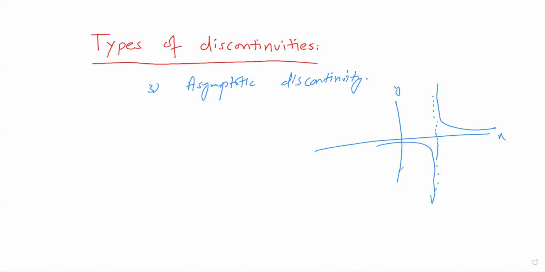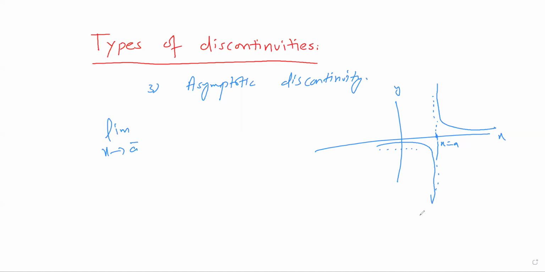We can see that as we trace the function from the left-hand side, let's say this is the x equal to a point. This is the vertical asymptote. Consider the limit as x goes to a from the negative side or from the positive side. As you approach the point a from the negative side, the function approaches negative infinity.